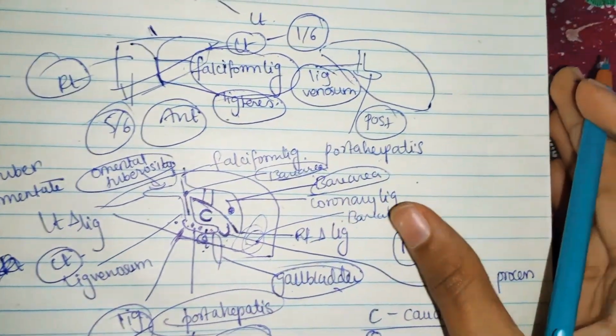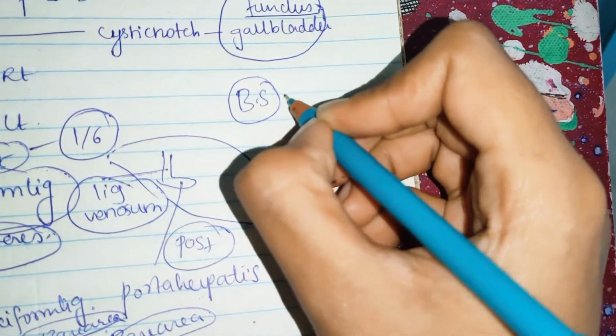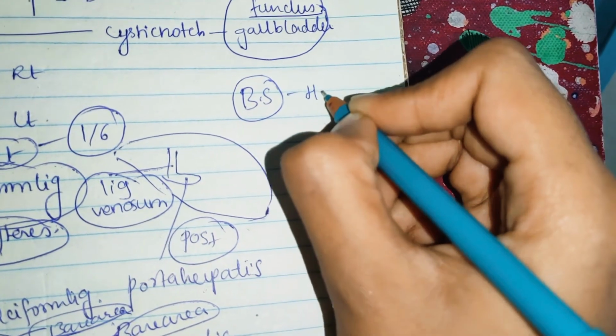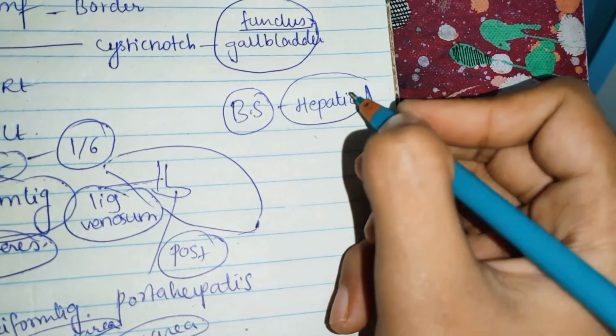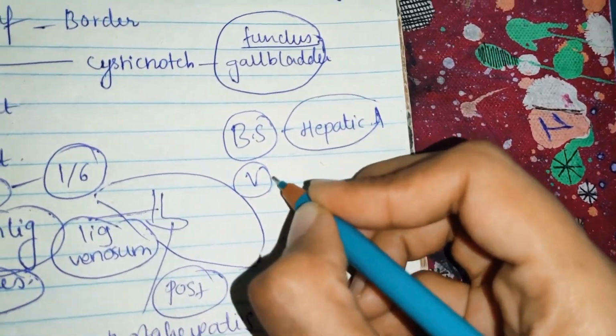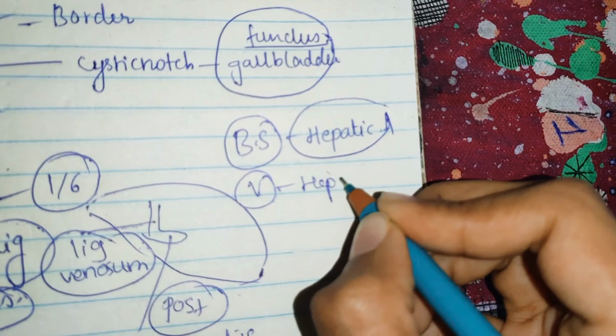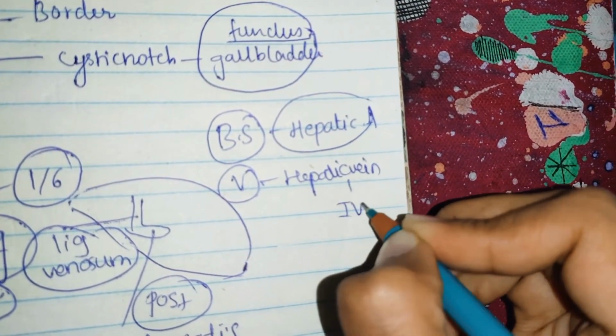Finally, coming to the blood supply of the liver. The blood supply for the liver is mainly by the hepatic artery. According to the name, very easy. Next, coming to the venous drainage. The venous drainage is by the hepatic vein, which will of course further drain into the inferior vena cava.